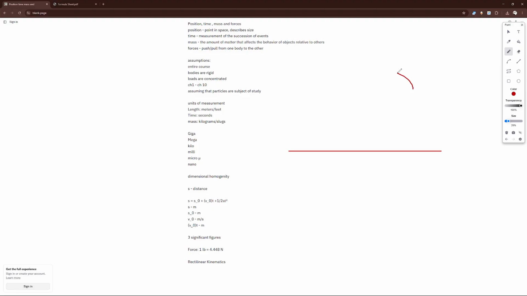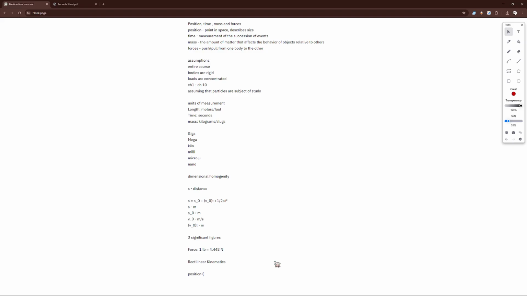This is rectilinear. This is not rectilinear. So we've already defined our four fundamental things here, but we're now going to take position and mix it with time, and define them more clearly: position, displacement, velocity, all these things.